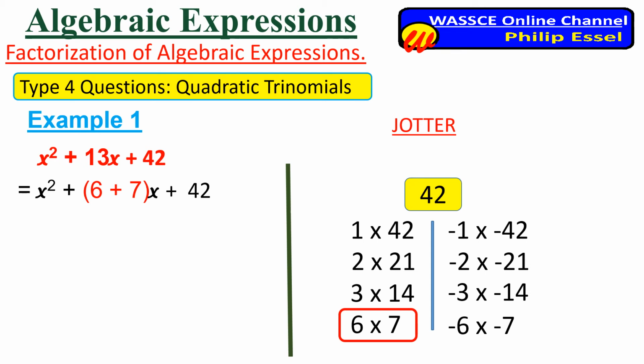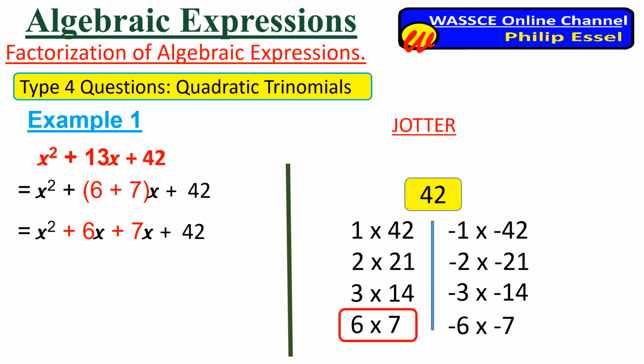When we do this, we would get x squared plus 6x plus 7x then plus 42. Remember, we got the 6x because the x outside of the bracket multiplies the 6, and we also got the 7x because the x outside of the bracket multiplies the 7 within the bracket. So as you can see, we have been able to convert the 3-term expression given to us into a 4-term expression.